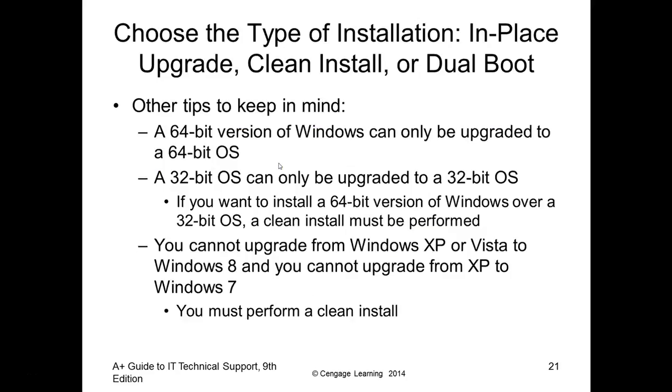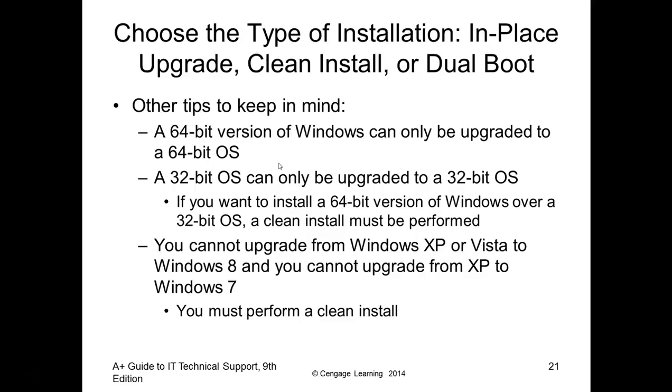Okay, some other things to keep in mind. 64-bit version can only be upgraded to another 64-bit version. Okay, 32-bit can only be upgraded to a 32-bit version. Okay, you cannot move from a 32-bit to 64-bit or vice versa. Okay, you have to go through and do a complete clean install to jump from one version to another, because it communicates with the hardware and the computer completely differently.